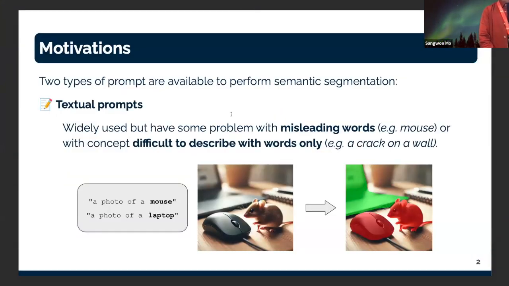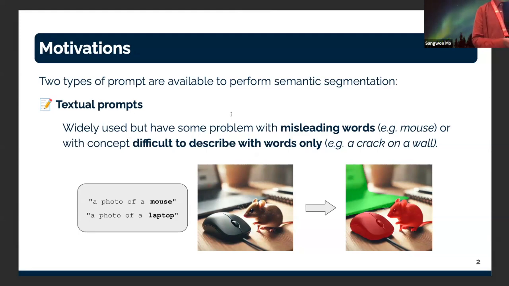In recent years, when you want to perform semantic segmentation, very often you use textual prompts. For example, in open vocabulary models, you just specify a list of classes, so car, trees, etc., and the model segments what is specified by this list of classes. But textual prompts sometimes have problems because they can contain misleading words.